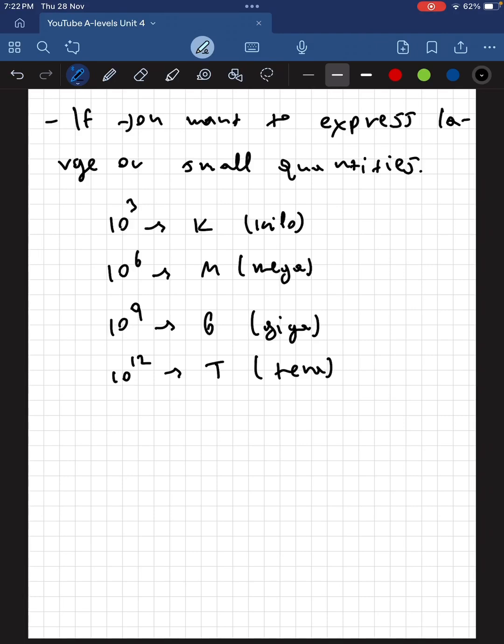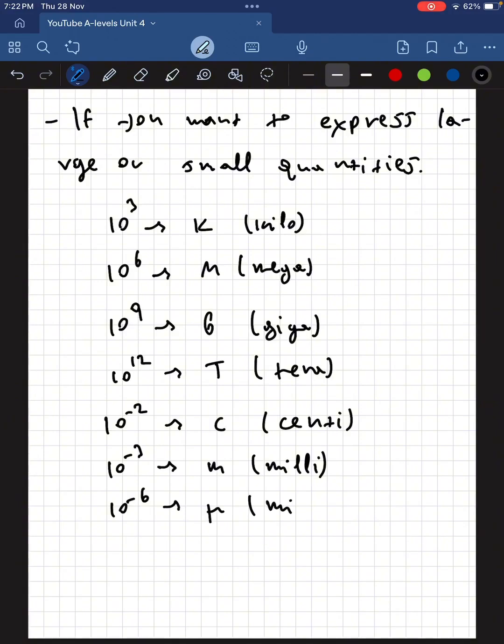Now for small quantities, you have 10 to the minus 2, which is centi. So 1 centimeter is 10 to the minus 2 meters, or 0.01 meters. 10 to the negative 3 is milli. 10 to the minus 6 is micro. 10 to the minus 9 is nano. 10 to the minus 12 is pico.